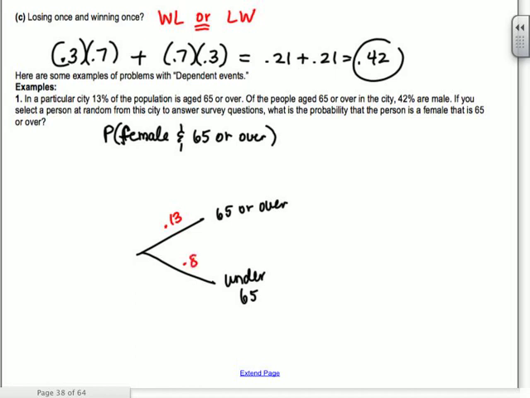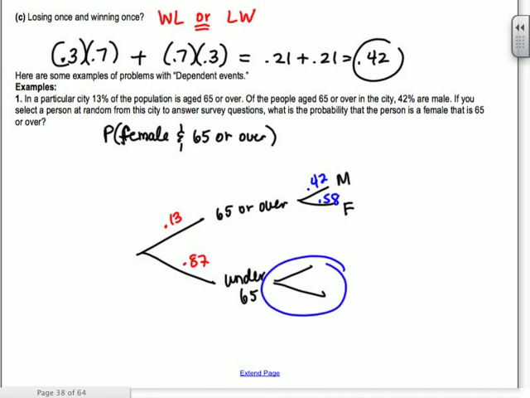So if 13% are 65 or over, that means 87% are under 65. Okay, once you select them, you have a certain... So of the people age 65 or over in the city, 42% are male. So how many of them are female? 58%.